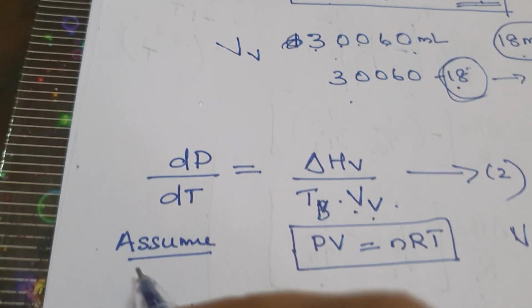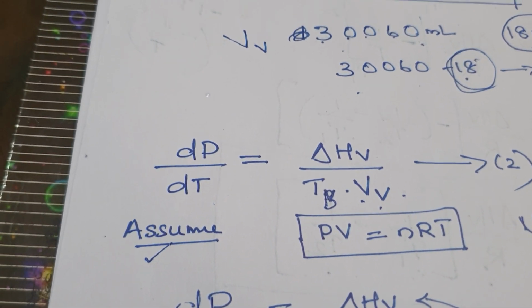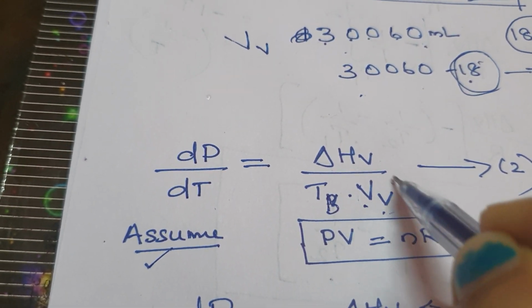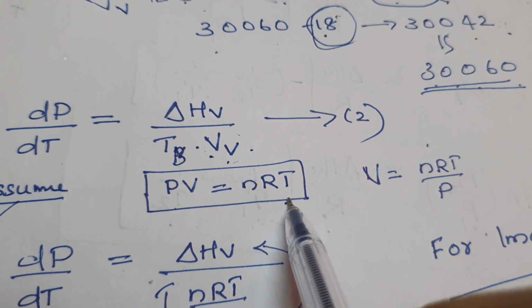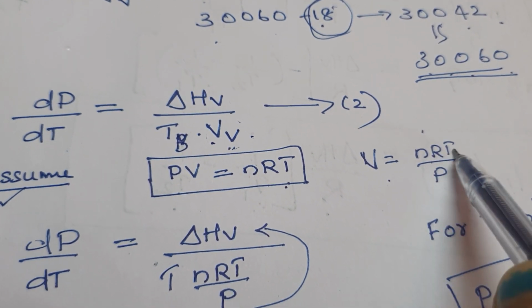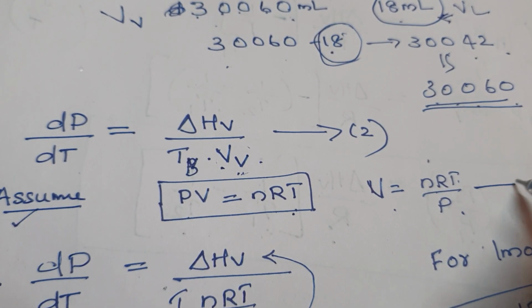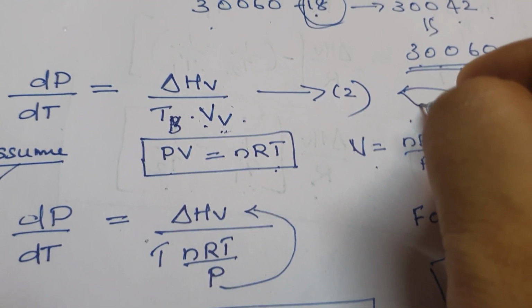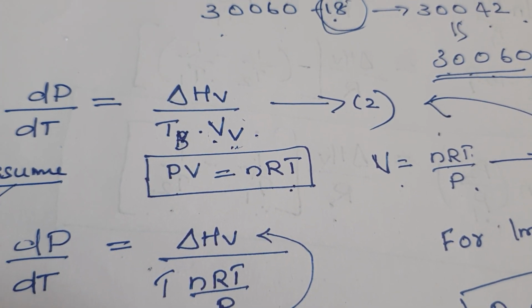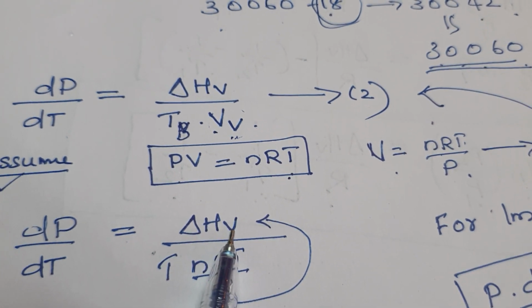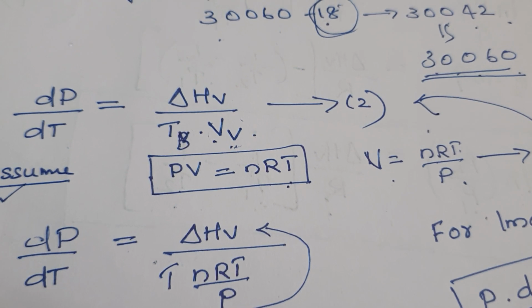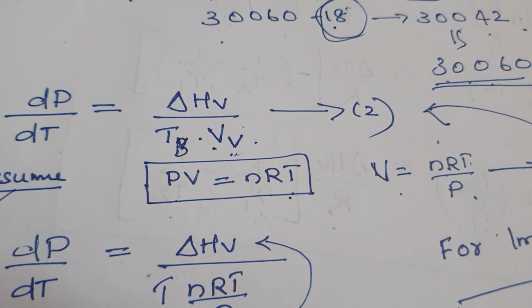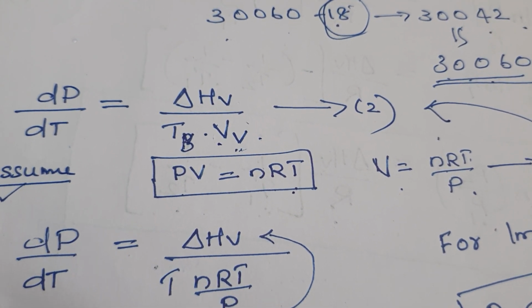Now we will use the second assumption: this vapor will be acting as an ideal gas. So we use the ideal gas expression for n moles, PV is equal to nRT. So we can write V as nRT divided by P. This we can substitute in equation 2. So dP/dT is equal to delta H_V divided by T into nRT divided by P. P we can bring to the other side.